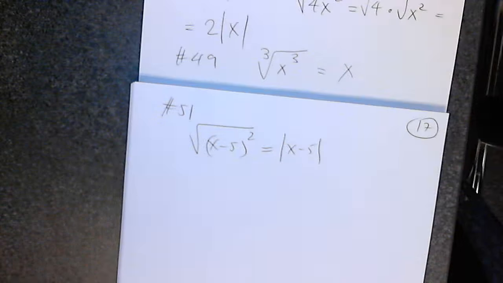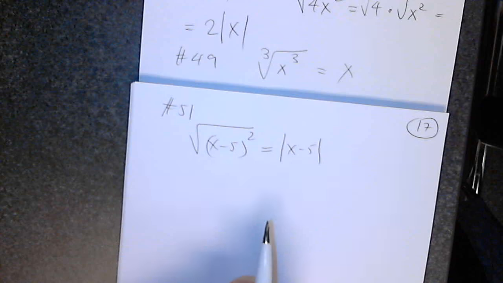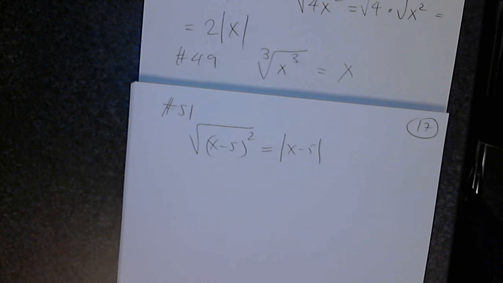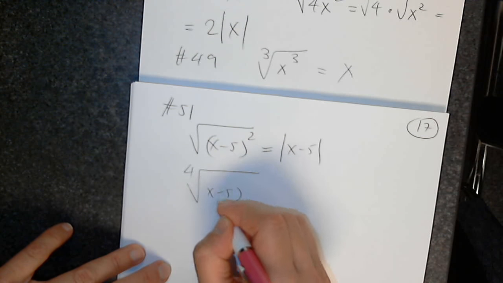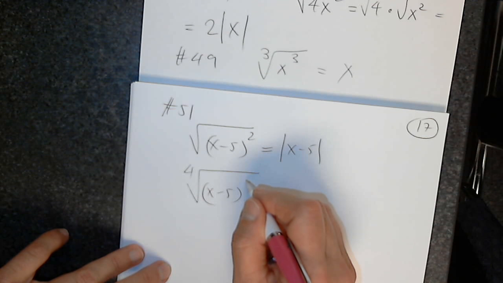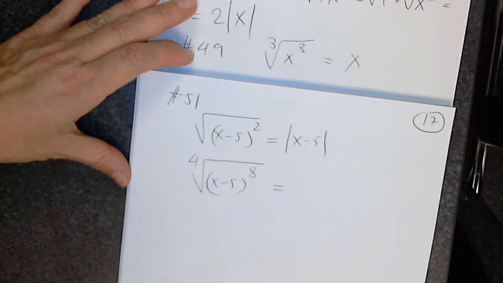Very good. Because x minus 5 can be negative. Let's say x is 3. 3 minus 5 is negative 2. Therefore, I have to use the absolute value. Now, what about this situation? What will be the answer for this?